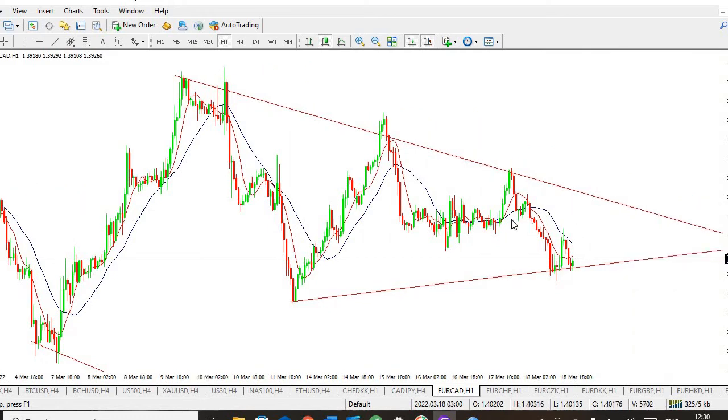So basically what you should be doing here is seeing a continuation pattern. Price is trapped within this triangle here, and what you should be doing is looking for a second entry. So this is where you place trade number 1, this is where you place trade number 2, and then this is your take profit.